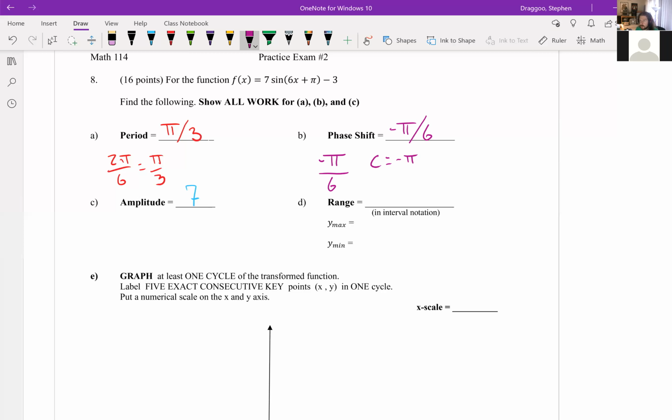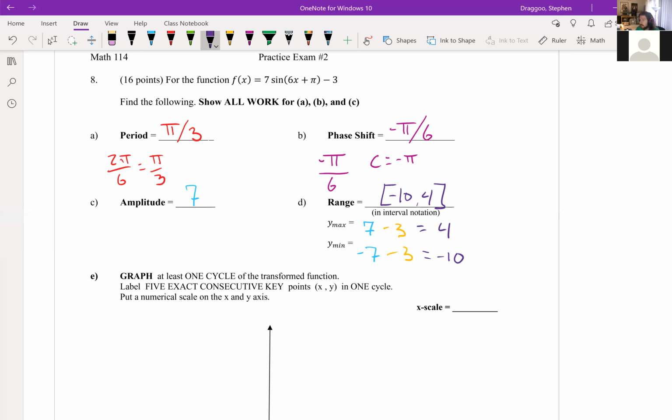All right, then we want our range. We'll start by finding our maximum and minimum. So 7 and negative 7, both of those minus 3, gives us 4 and negative 10. Yep, correct.